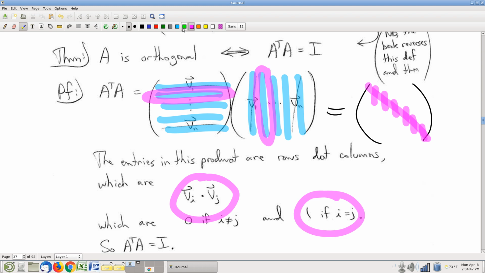On the other hand, if you are off of the diagonal, you're over there, or over here, anywhere off of the diagonal, you're going to be dotting one of these basis vectors with, well, a different basis vector. The row number is not equal to the column number because you're off the diagonal.